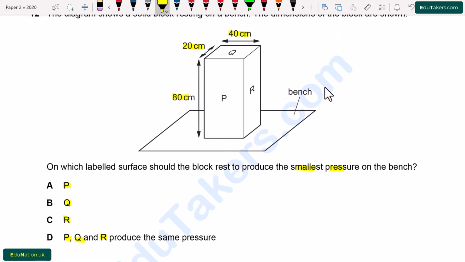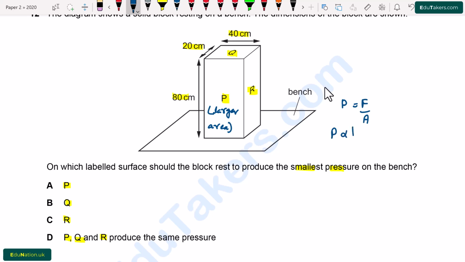First of all, there are three surfaces, P, R and Q. We check the surface area for each of these surfaces. We can see here that P contains the largest area. I write here P has larger area. So pressure is equal to force over area.